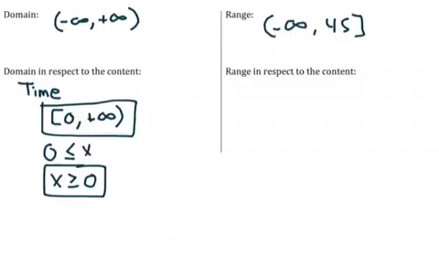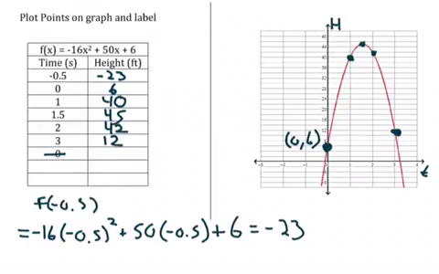So that's our range. But in the context of this problem, what is the range in respect to the context? What do you think? This is what you have to think about: the limitations in the real world. So let's go back to our graph. Now remember that we said that this ball, when it's initially thrown, is at 6 feet above the ground.